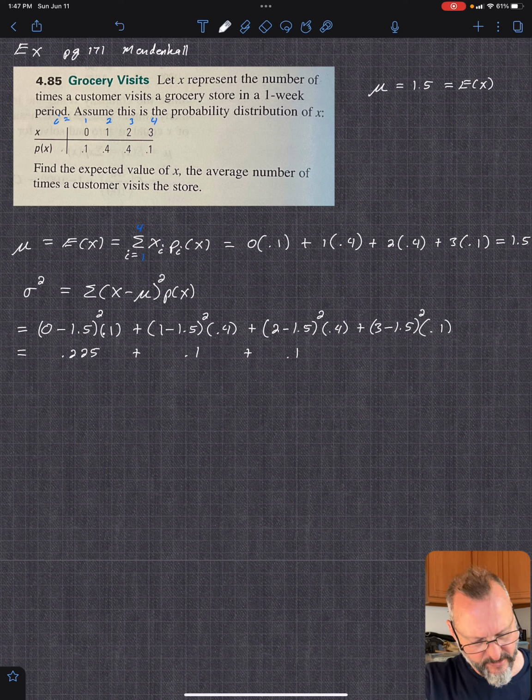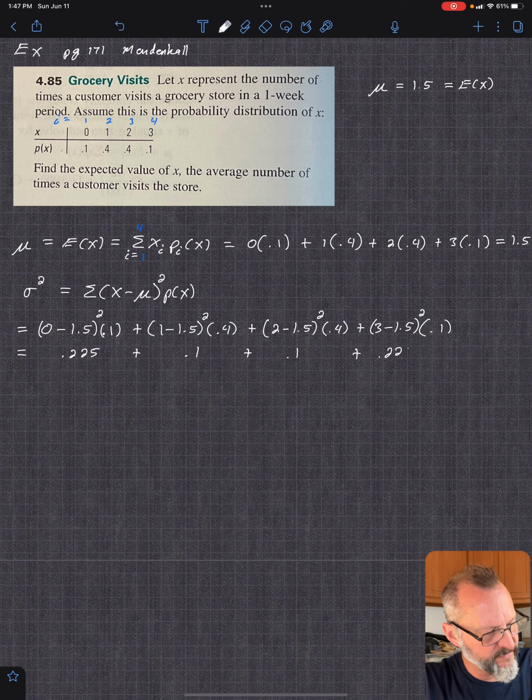And then 3 minus 1.5, and we square it, and multiply by 0.1. And it's 0.25, which we should expect to be the same, right? It's 0.25 again, 0.225. Add all those up, and you get 0.65, and that's the variance.